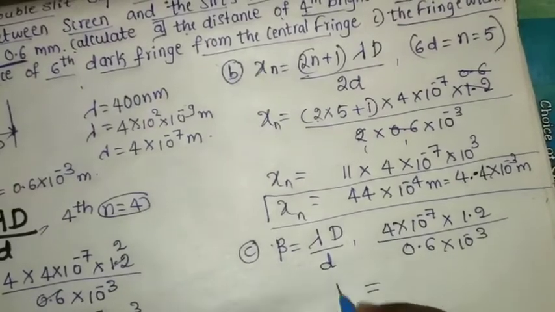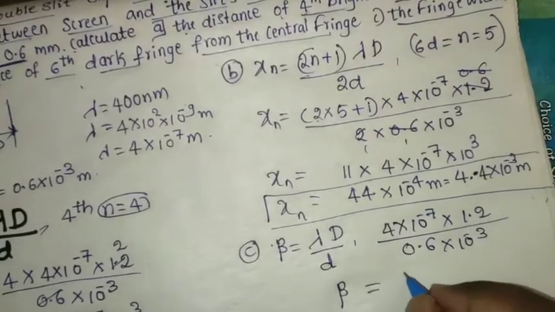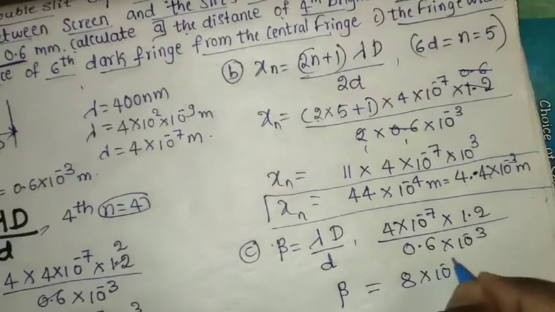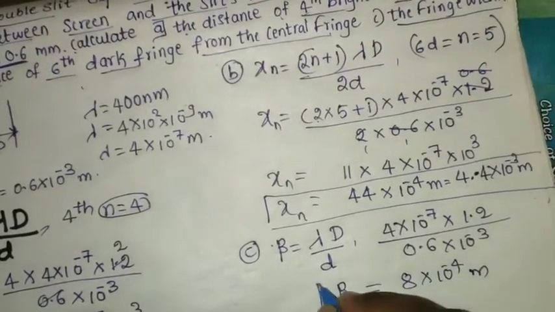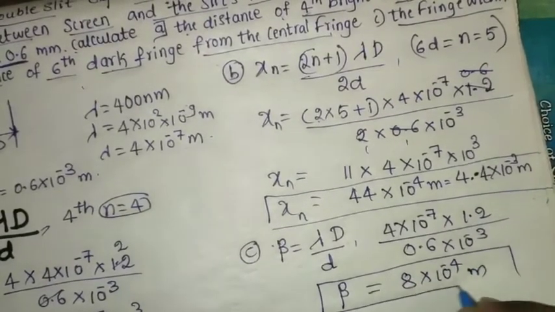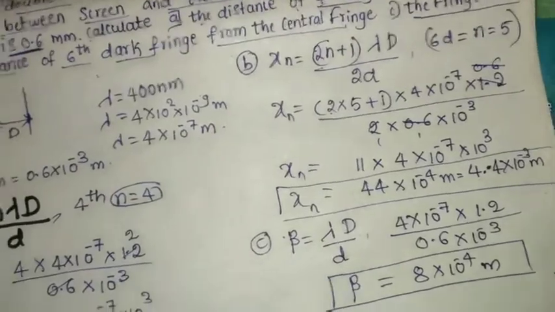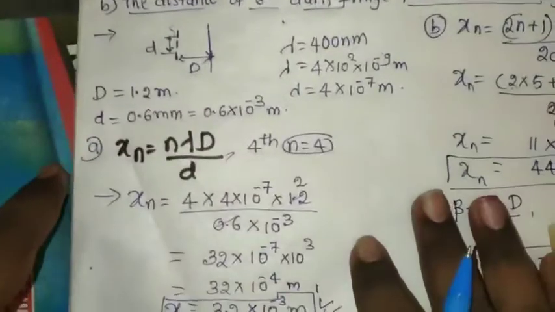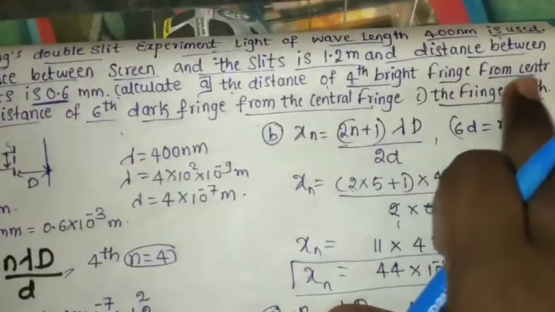The fringe width is 8 into 10 to the power minus 4 meter. This is the fringe width. See here, students, carefully, they asked the fourth bright fringe from the center.